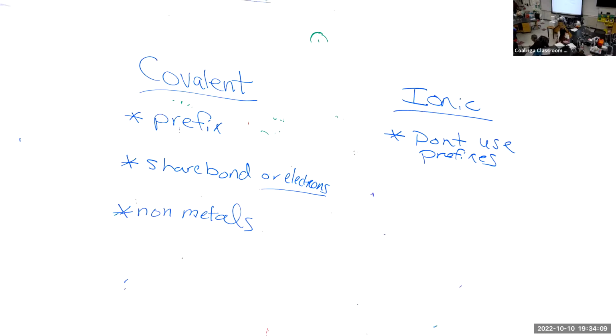So ionic. What is ionic? Is it just metals? So we have group 1, group 2, and transition metals, right? What else? Is it just metals? And a non-metal. It has to be a metal and a non-metal coming together.